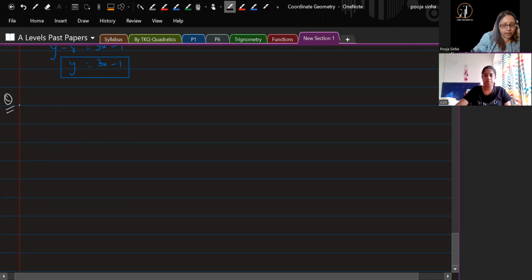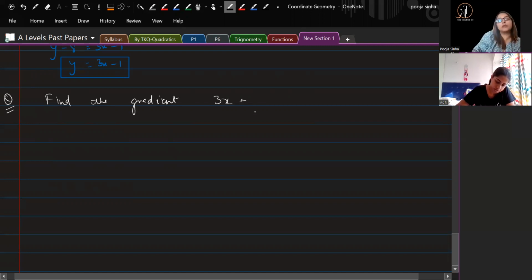This is just kind of a recap. You have to find the gradient, okay? Because we will be using these things a lot. 3x plus 4y is equal to 12. Find the gradient.